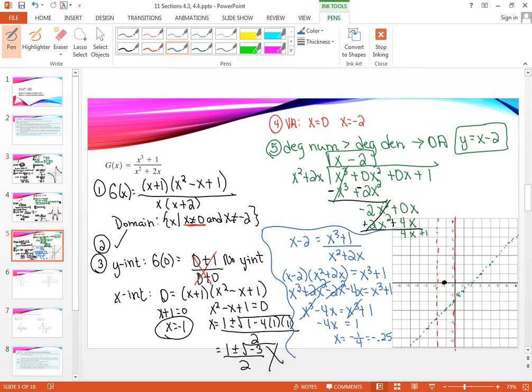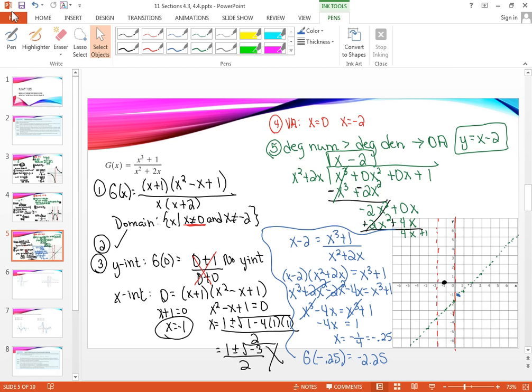Does that look right? Okay, let's see. Plug in negative 0.25 into the original function. Let's get that y value. So g of negative 0.25. If you plug that in, I get negative 2.25.